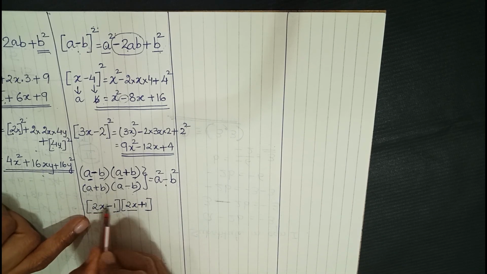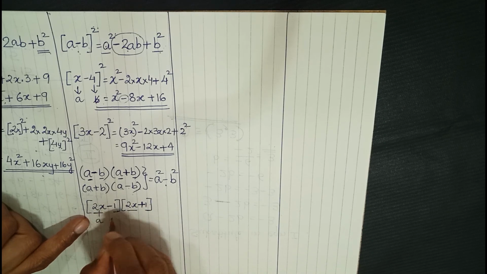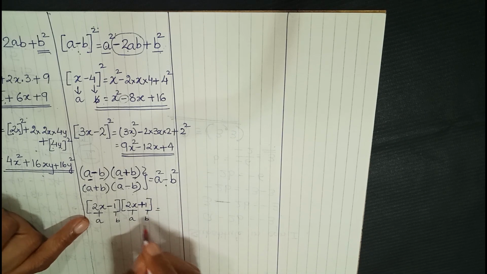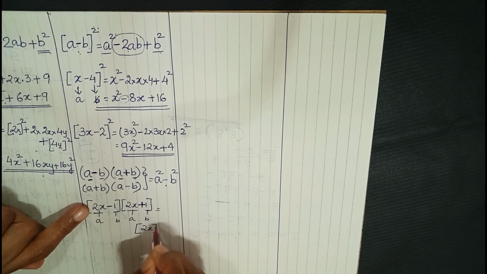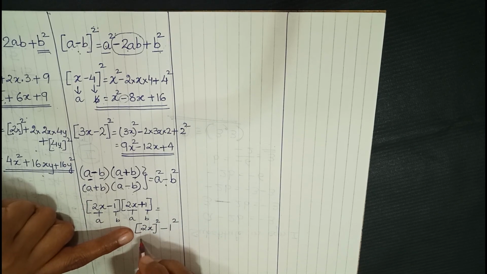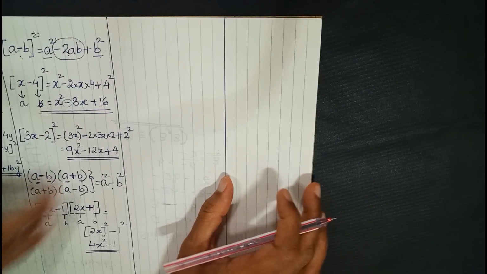So it is in the form a minus b, a plus b, where 2x is becoming a and 1 is becoming b. So our formula here is a square minus b square. So a square means 2x the whole square minus 1 square. We just open this bracket, 2 square is 4 and x square is x square. So 4x square minus 1. This becomes the answer.